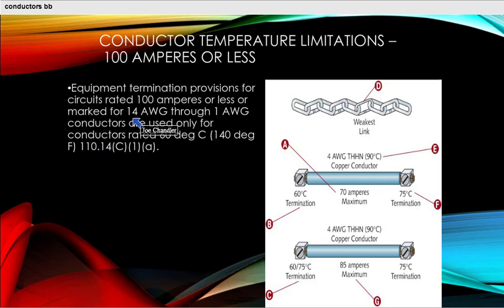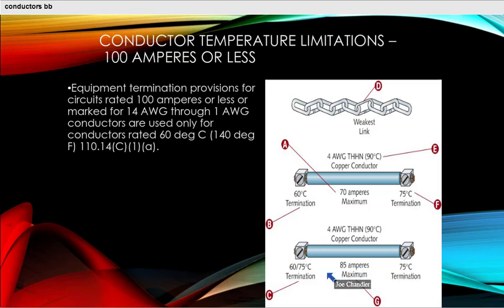This is what 110.14(C) is telling us. If it's 100 amps or less, or marked number 14 through number 1, then I have to use the 60 degree C column to size my wire. The exception is if my terminals were rated, like in this example, at 75 degrees C on each end with a 90 degree C wire.